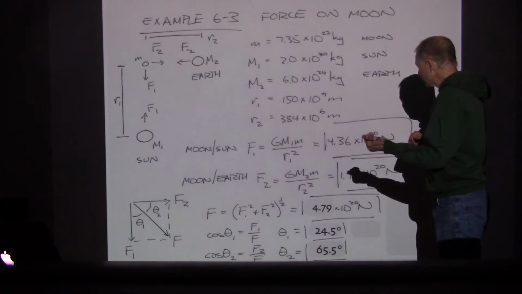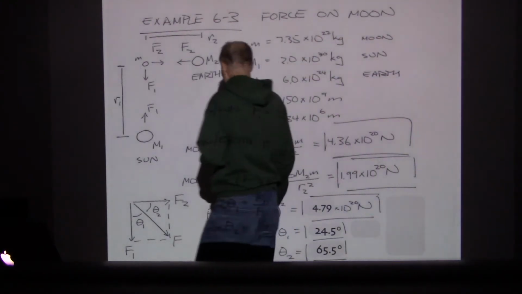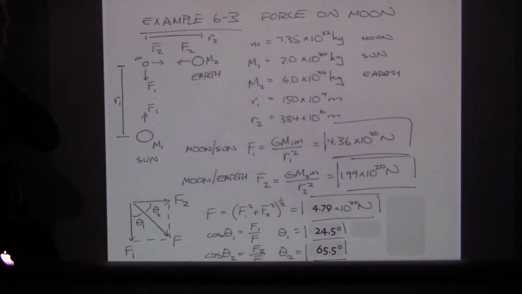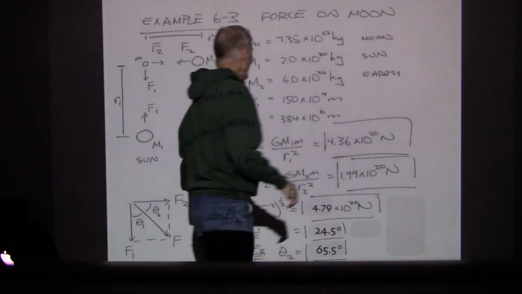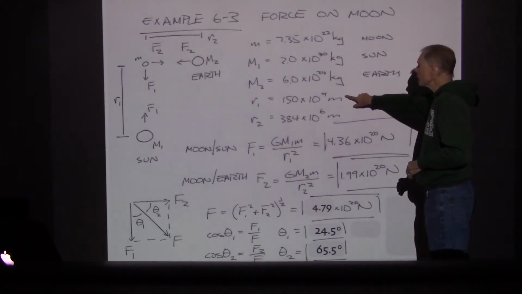One angle is 24.5 degrees. The other angle, theta 2, is its complement at 65.5 degrees. So there it is, the force acting on the moon at this particular instant. What's the net force? These are pretty reliable. Even as the moon orbits, this number doesn't change by much.